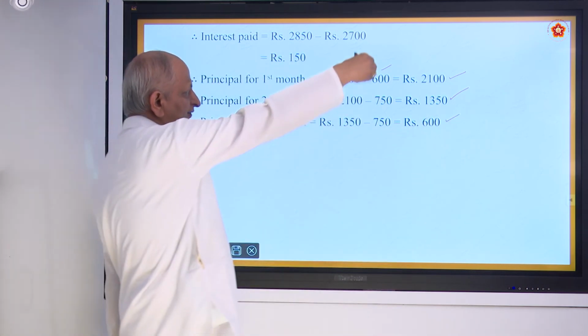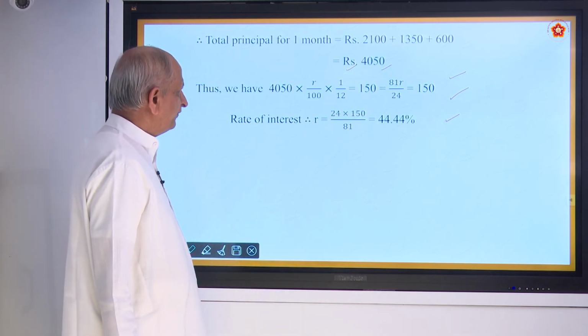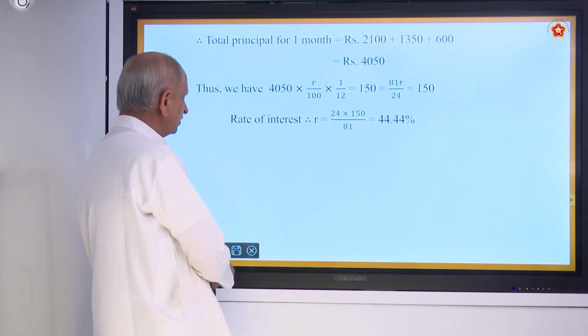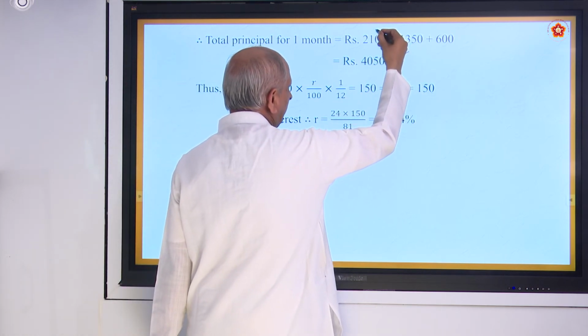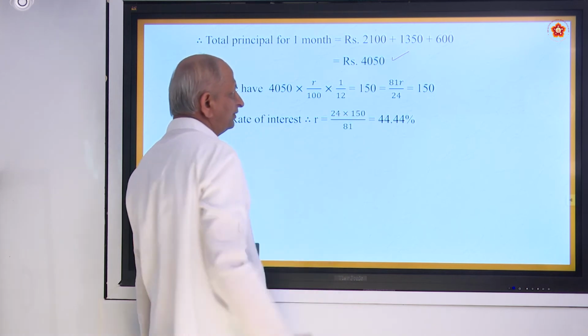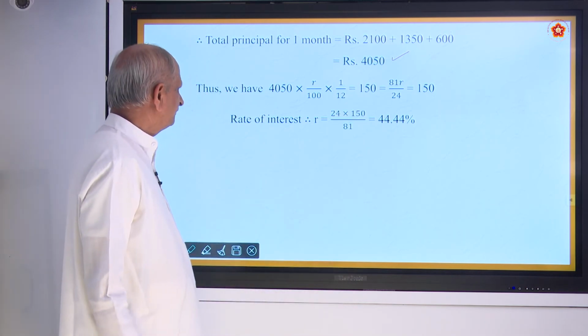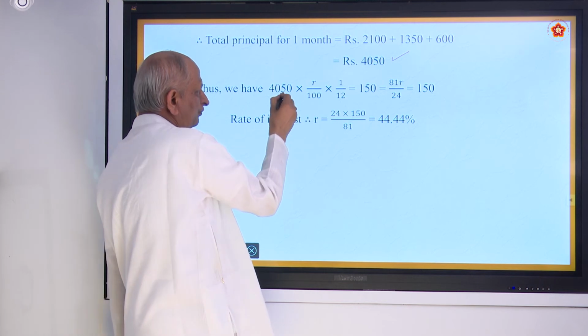Now you have to add these things. That becomes the total principal. If you add 2,100, 1,350, 600, these 3, you get 4,050. So PTR: P is this one, 4,050.